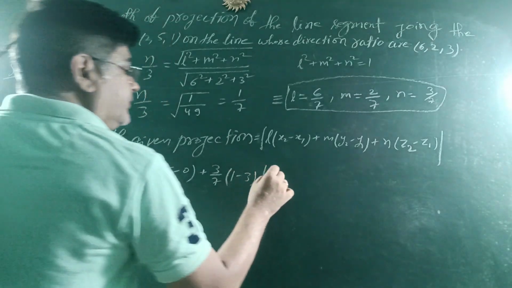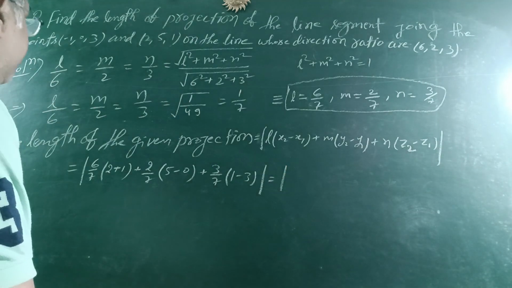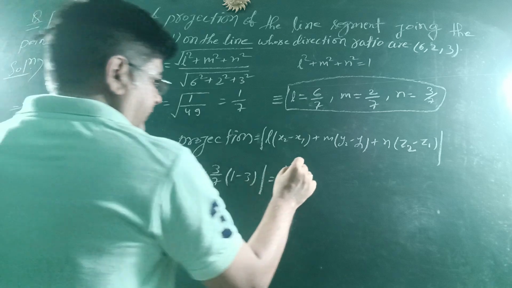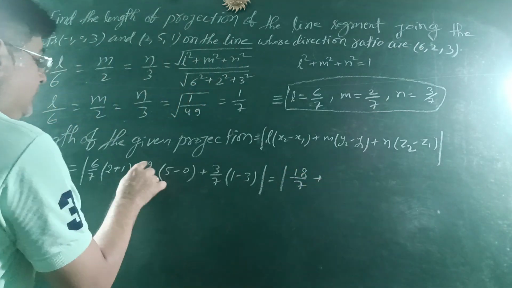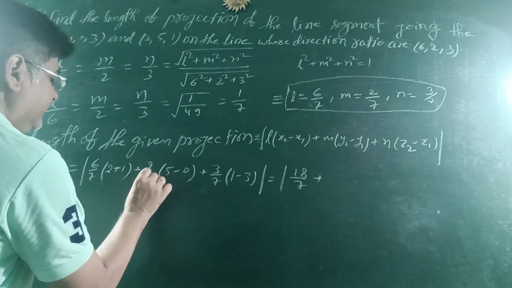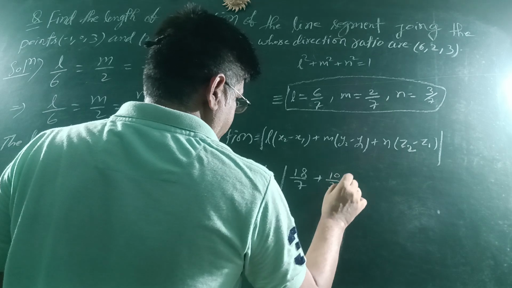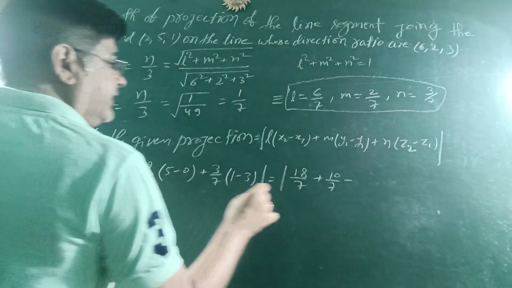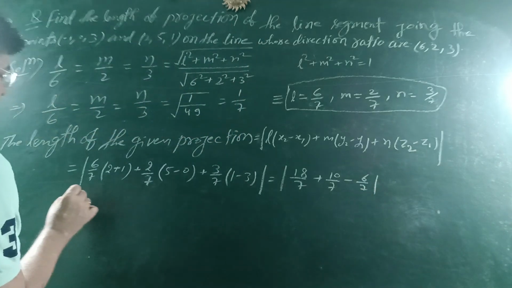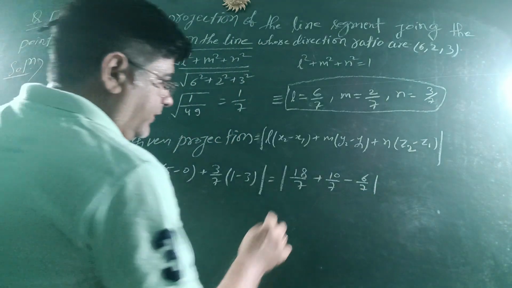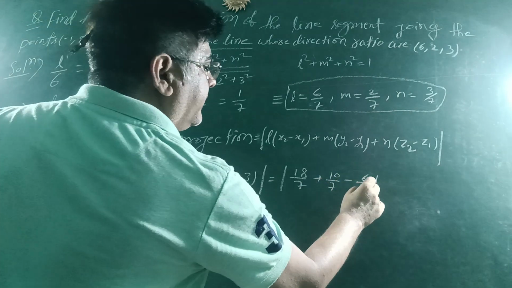Taking the modulus value, 6 by 7 into 3 plus 10 by 7 minus 6 by 7. Solving it, the length is 22 by 7.